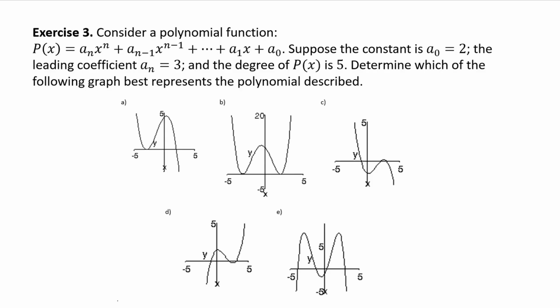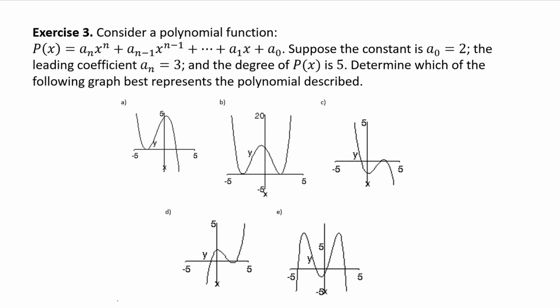Consider a polynomial function p of x. Suppose that the constant a sub naught equals 2, the leading coefficient a sub n equals 3, and the degree of p of x is 5. Determine which of the following graphs best represents the polynomial described.